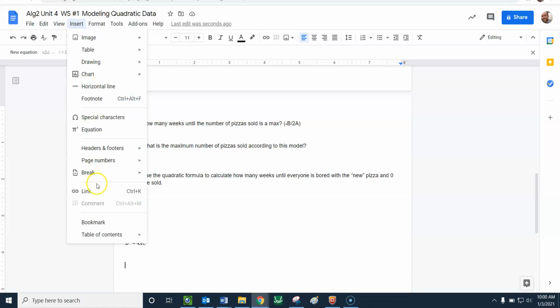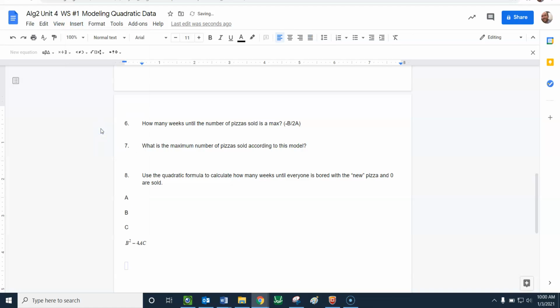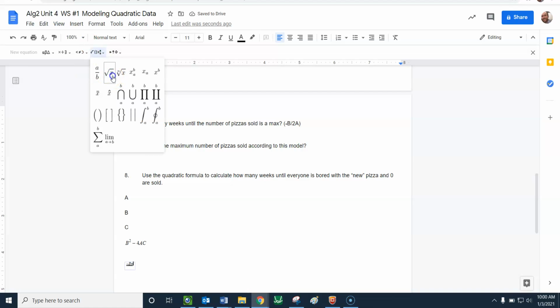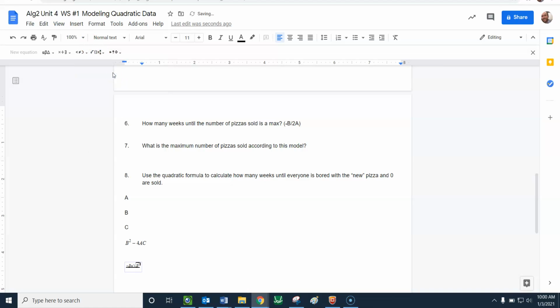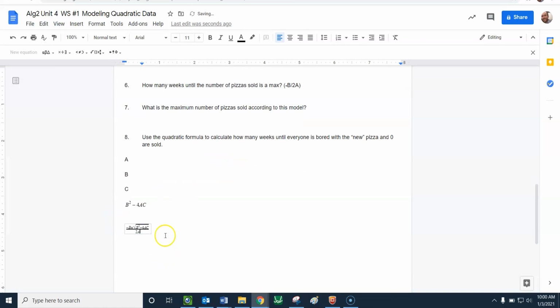And the quadratic formula was negative b plus or minus the square root of b squared minus 4ac all over 2a. We're going to plug those numbers in.